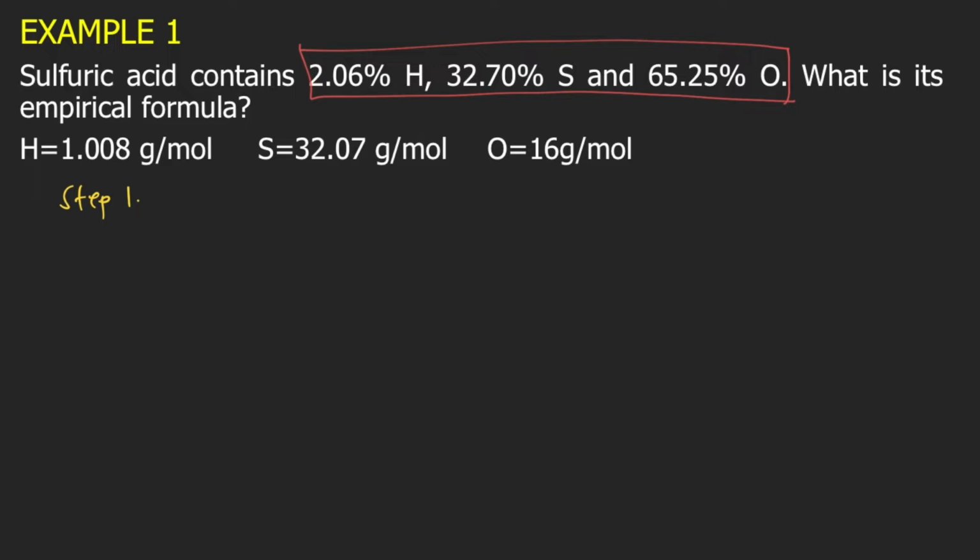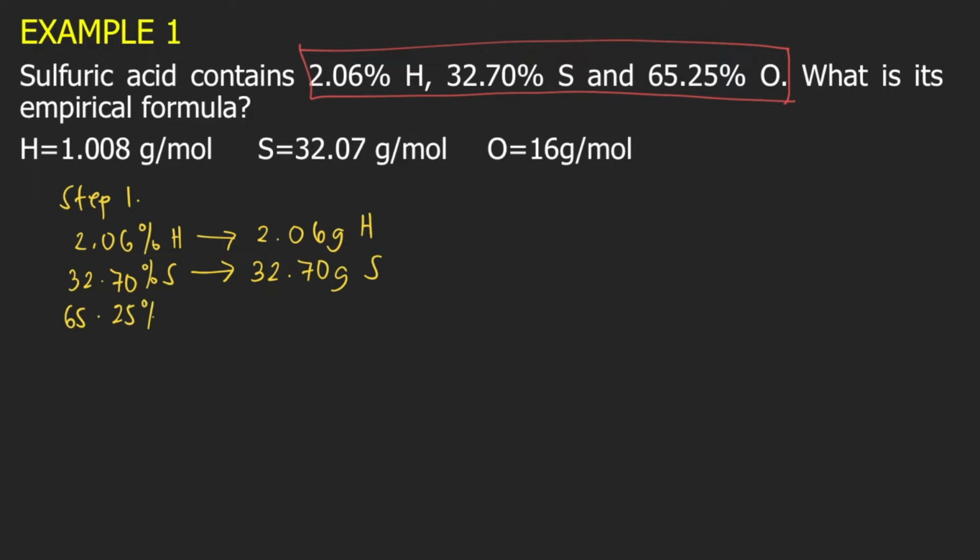So 2.06% hydrogen becomes 2.06 grams of hydrogen. 32.70% of sulfur is 32.70 grams of sulfur. 65.25% of oxygen is 65.25 grams of oxygen. So that's step 1. Again, you just replace percent with grams.